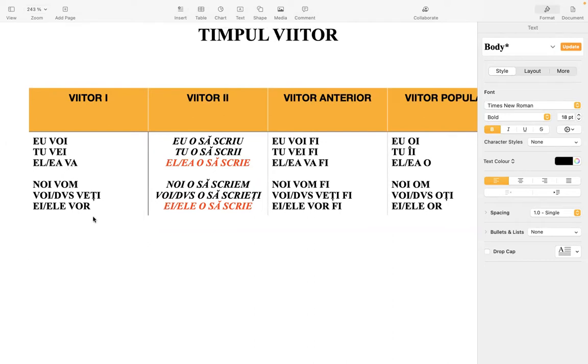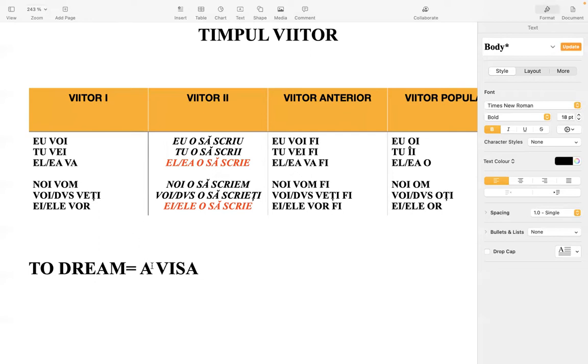With this particular future, like "will" in English, I will, you will, we have to add only the verb that we want to transfer the action into the future. For example, I chose here the verb to write. Eu voi scrie. And how do we know the verb? We search in the dictionary. For example, I want to say to dream, a visa.